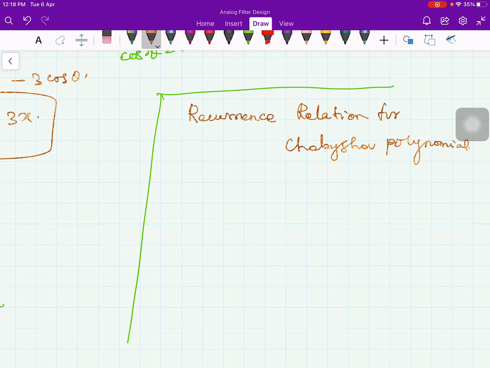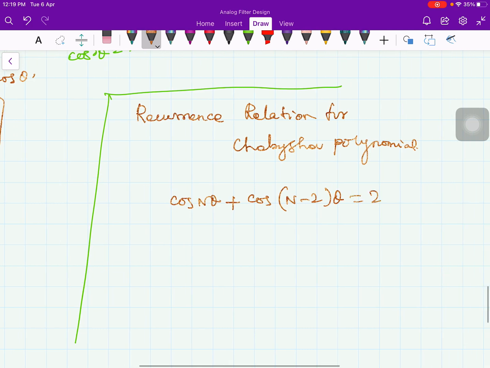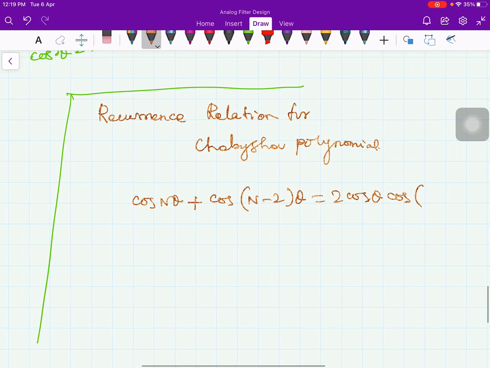The recurrence relationship comes from this: cosine of n theta plus cosine of n minus 2 theta is equal to 2 times cos theta cos of n minus 1 theta.